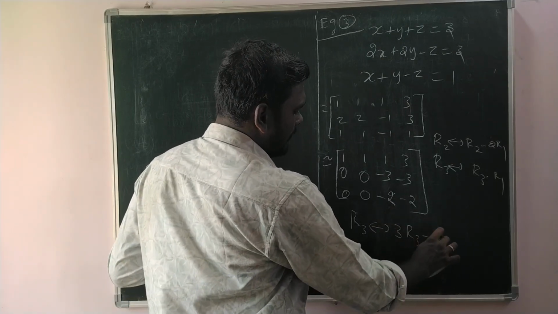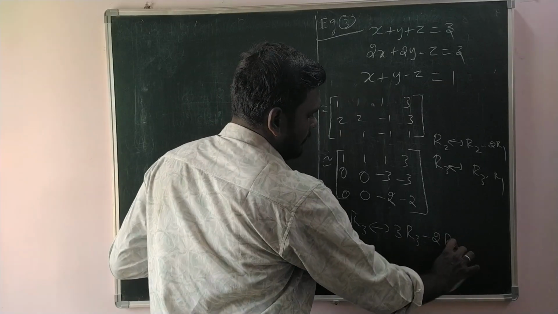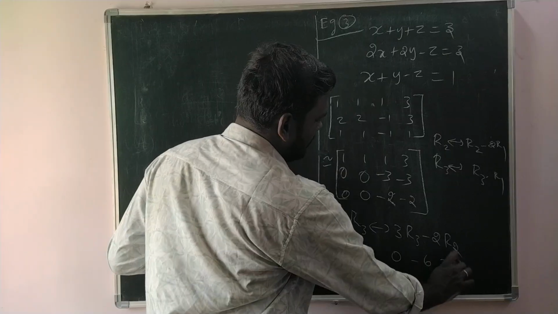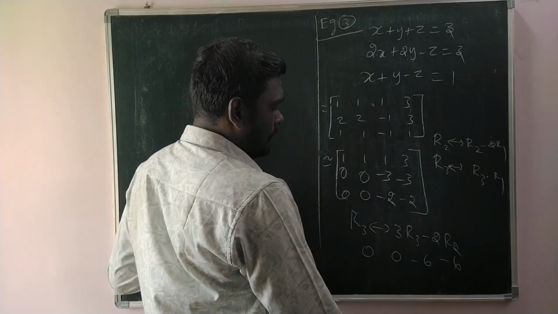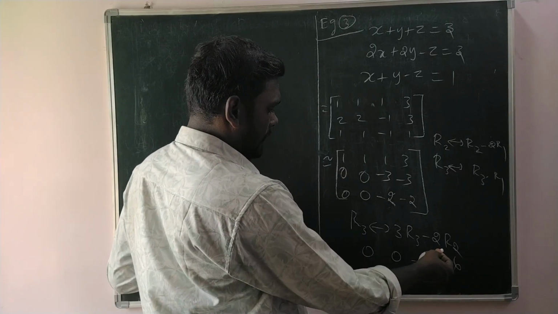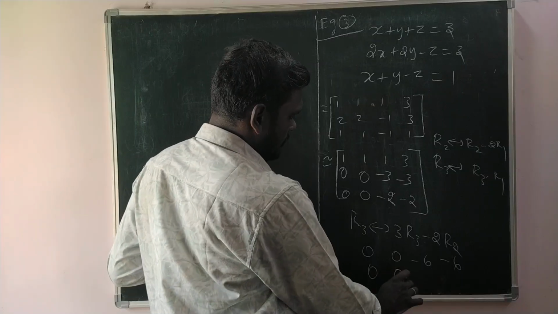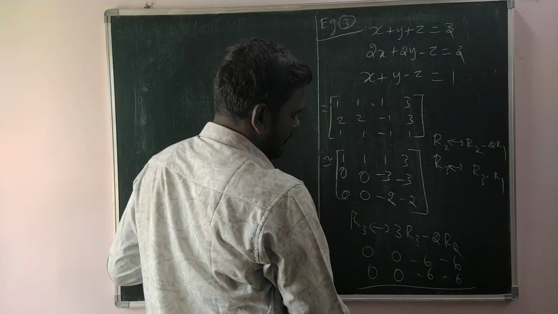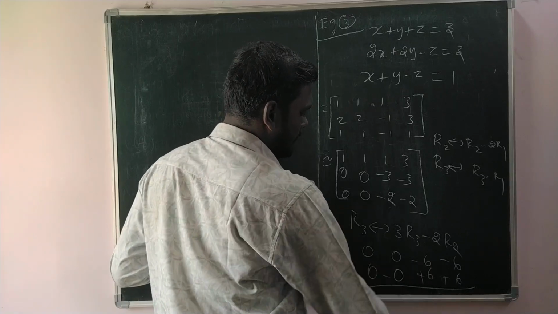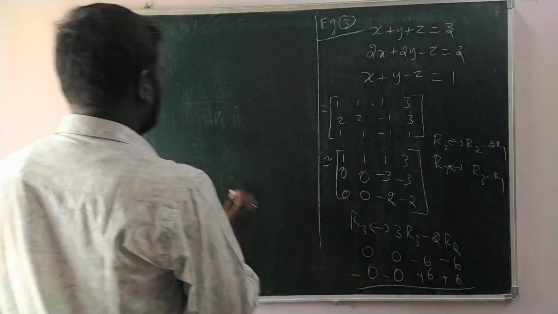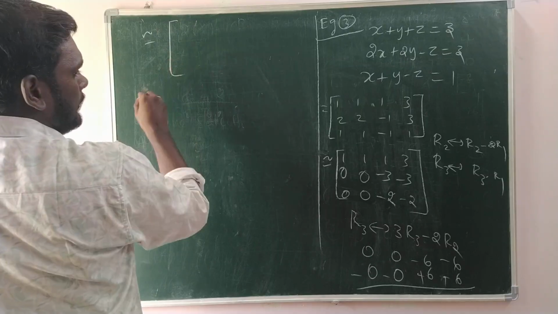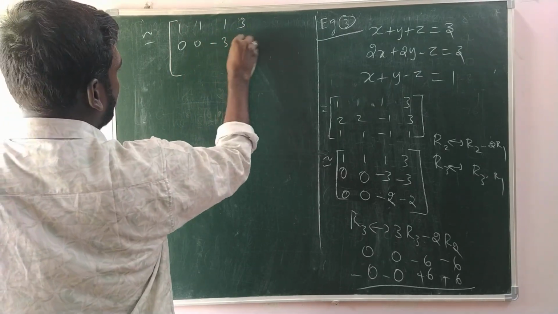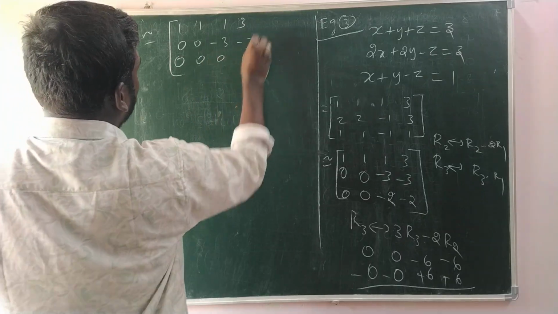So 3 times R3 minus 2 times R2. 3 times R3 is 0, 0, minus 6, minus 6. 2 times R2 is 0, 0, minus 6, minus 6. Then we subtract, so everything will become 0 in the third row. So this is 1, 1, 1, 3 and 0, 0, minus 3, minus 3, 0, 0, 0, 0.